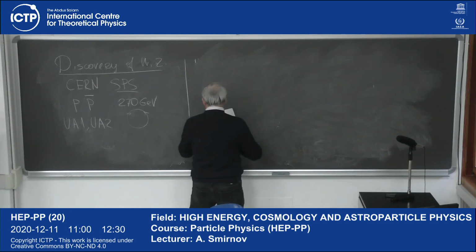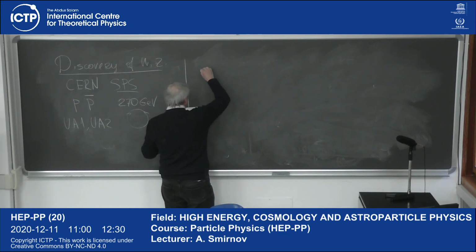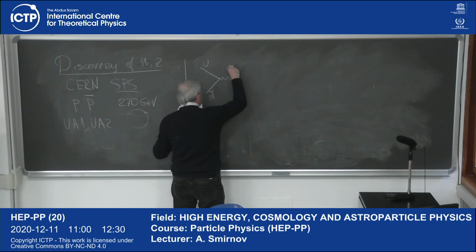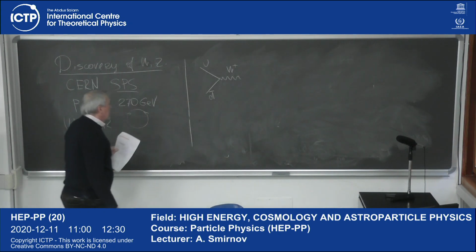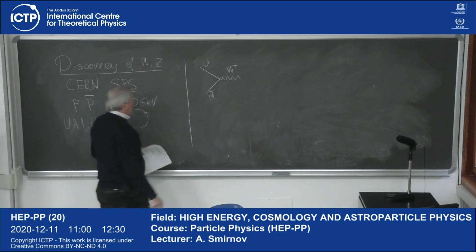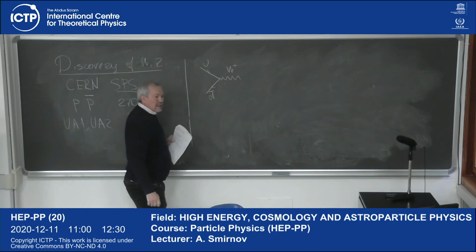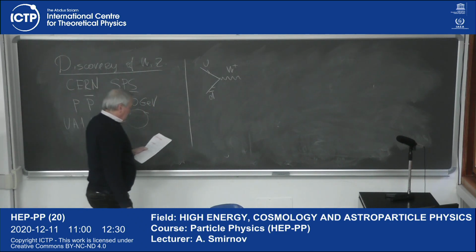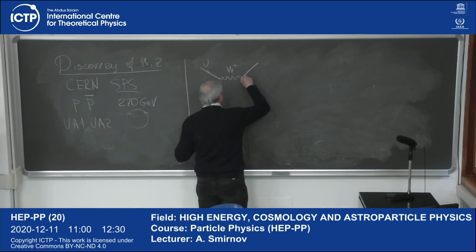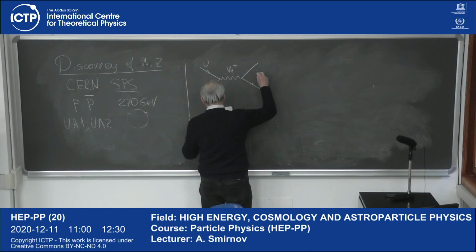So what was the process? W bosons were produced when you collide proton and antiproton, and you take a u quark, for instance, from the proton, and the antiquark from the antiproton. They can annihilate into W plus. So actually you have an exercise playing a little bit with this, right? So you have this current, when u is transformed to d and W is emitted. Now W plus can then decay in various modes, and in particular into a positron and neutrino.